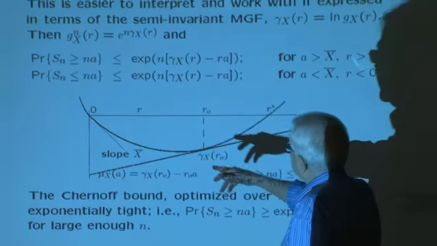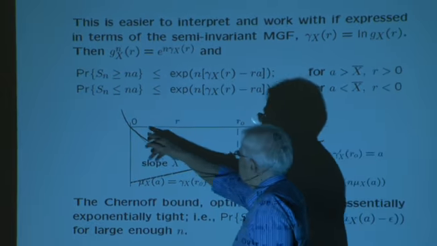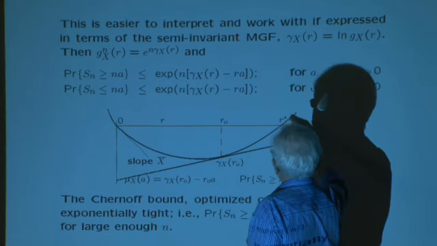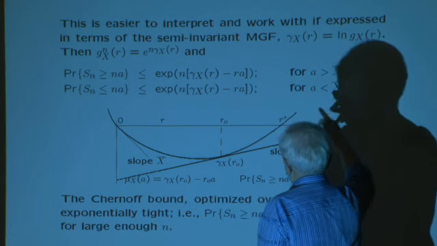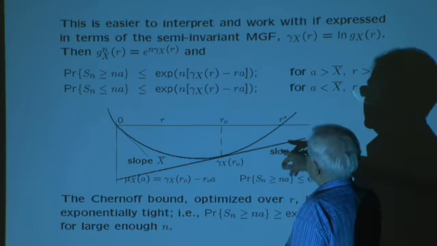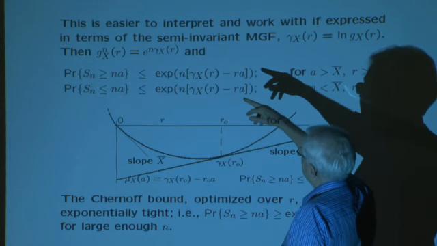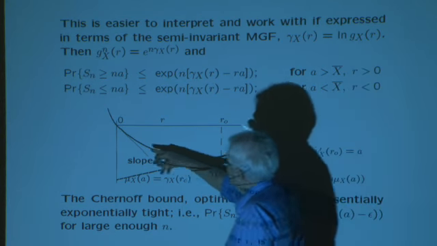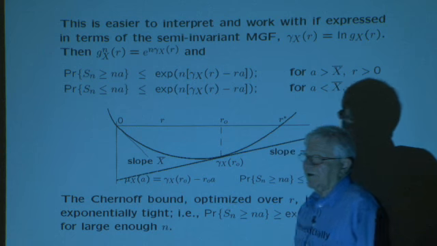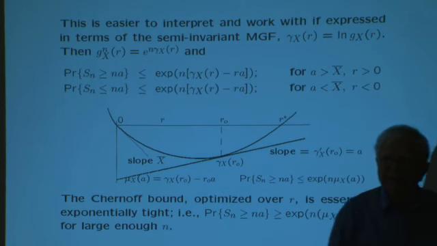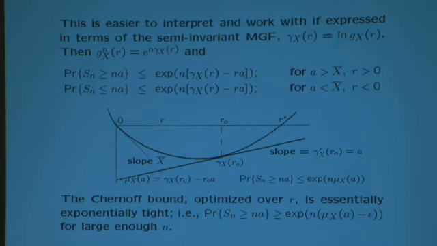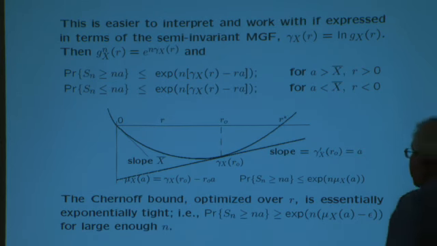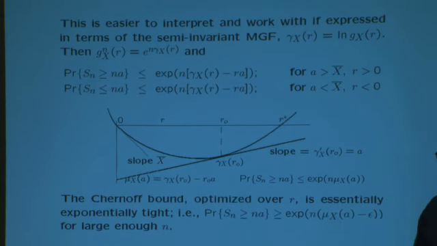What I've drawn here is the semi-invariant moment generating function. This is gamma of r. Gamma of r at 0, that's the log of the moment generating function at 0, which is 0. It's convex. You take its second derivative.